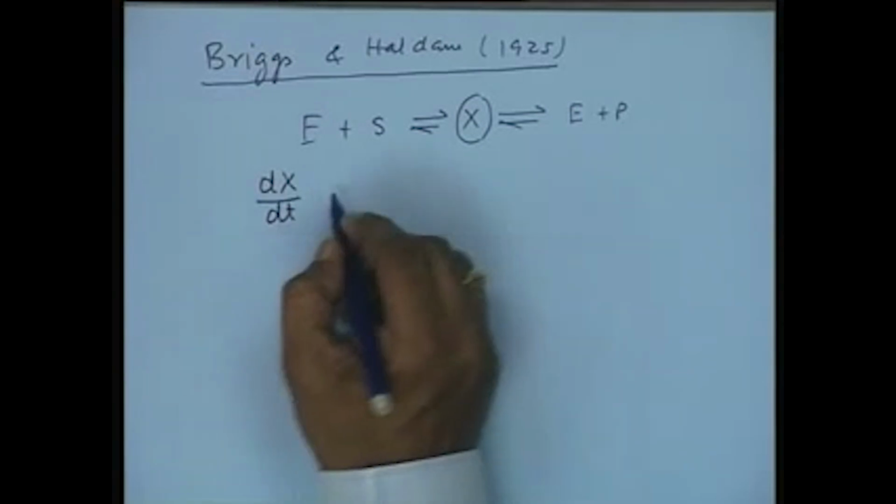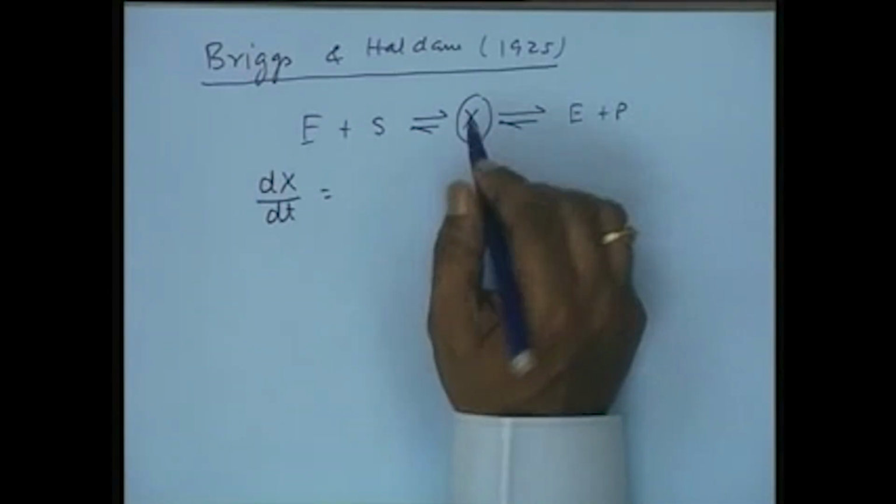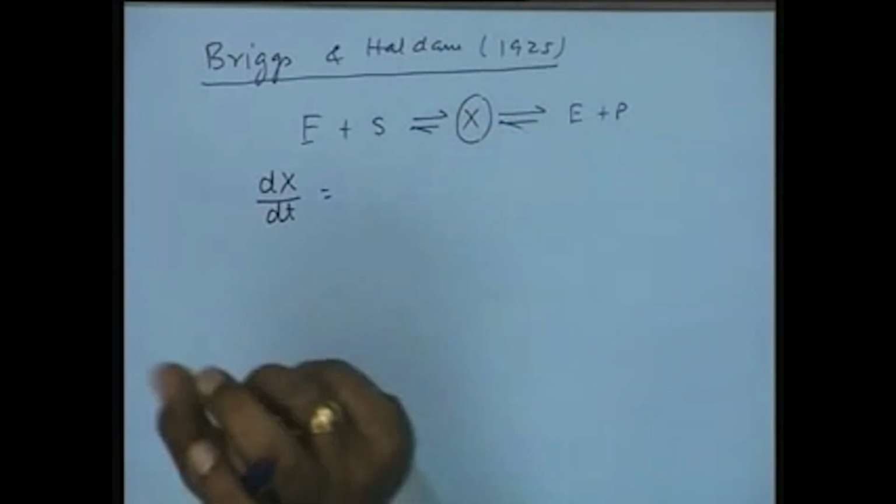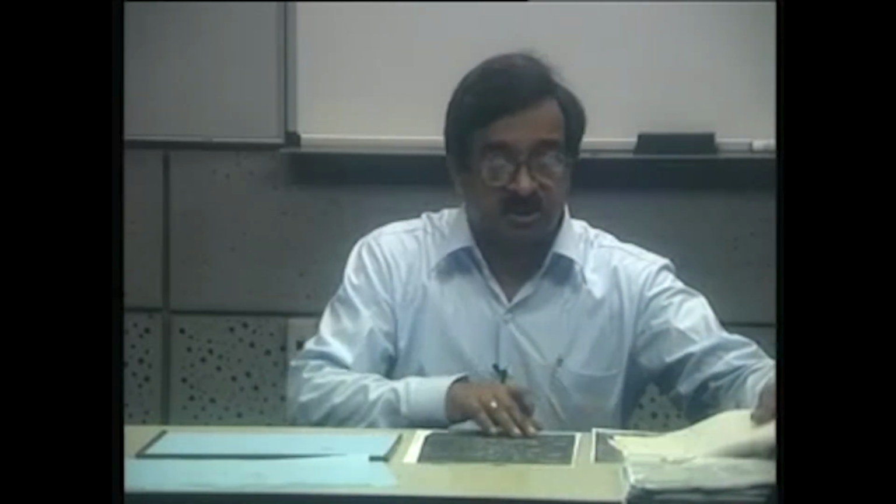And he also mentioned that instead of an equilibrium behavior here, we have a steady state behavior, which essentially means the rate of change of x with time is 0. That means that after a very short interval of time, when the reaction starts, the concentrations of enzyme and the enzyme substrate complex reach a constant value.